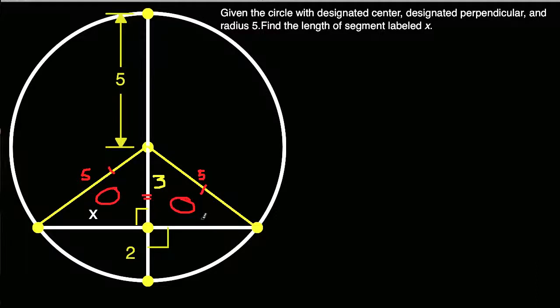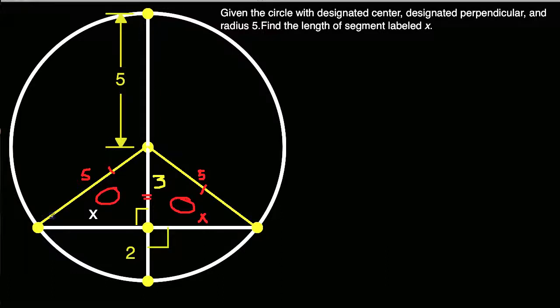So we have that the length of the line right here is also equal to x. So both sides are equal to x. And we have that this length is 3. We have the hypotenuse is 5.